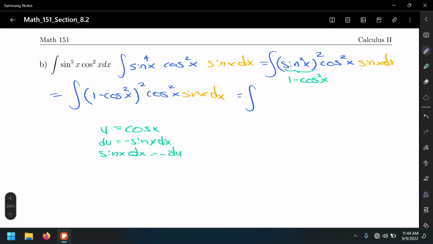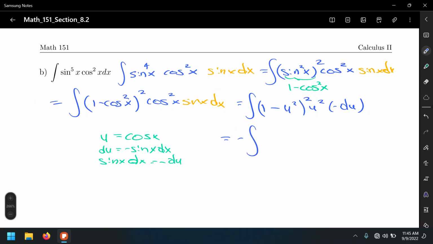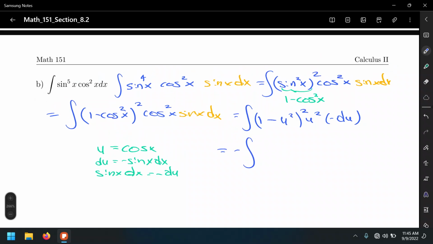This is the integral of 1 minus cosine x, which is actually u, that is u squared, the whole quantity squared, times cosine squared, which is u squared, times negative du. Be careful with this negative. Let's take care of that negative first. Let me write it in front of the integral. And let's simplify what we have for the integrand right here.